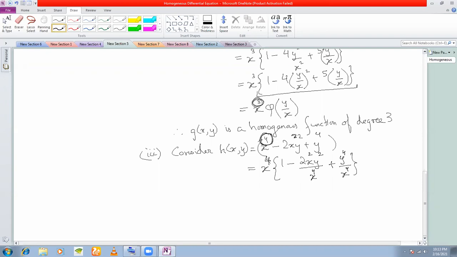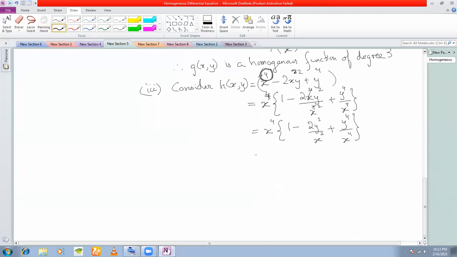Okay, so I have x to the power of 4 into 1 minus, now see, x square will cancel here, left with 2. So I get 1 minus twice y square by x square plus y to the power of 4 by x to the power of 4, right? Now I can write this as a function in y by x.